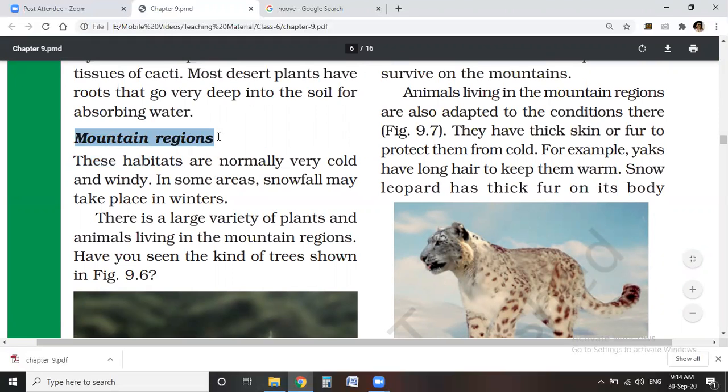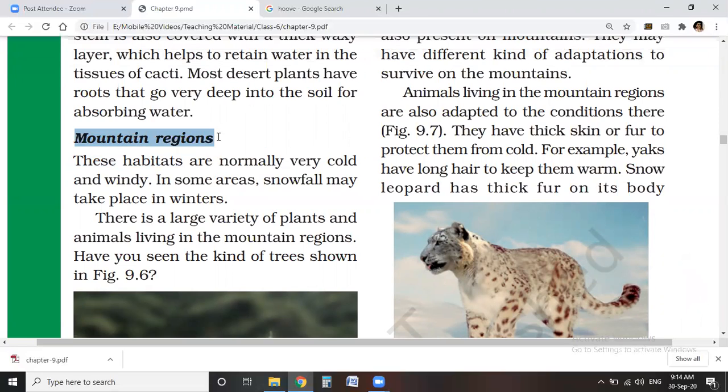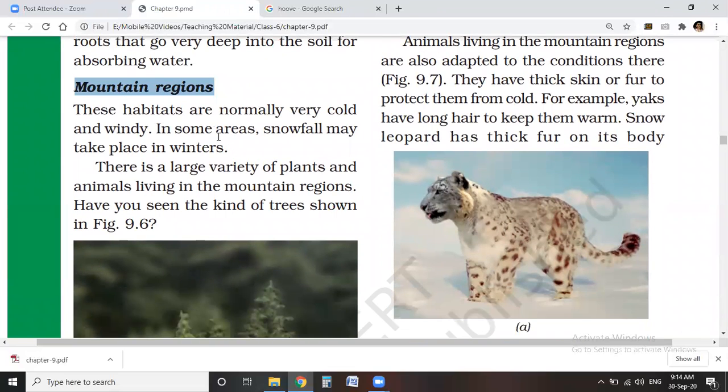It is also a terrestrial habitat, and we discuss the organisms which live in this region on the mountains. They change some specific features, so they take some adaptations for their protection or to live on the mountains. These habitats are normally cold.